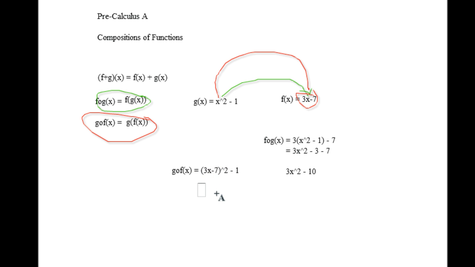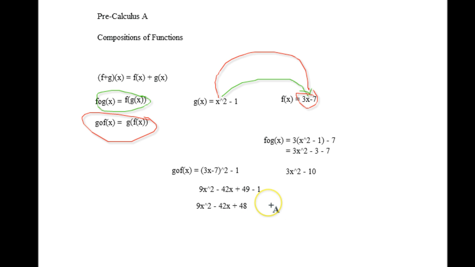So it becomes 9x squared minus 42x plus 49 minus 1, and once I get past that step, it's really easy to finish this off. This is 9x squared minus 42x plus 48.